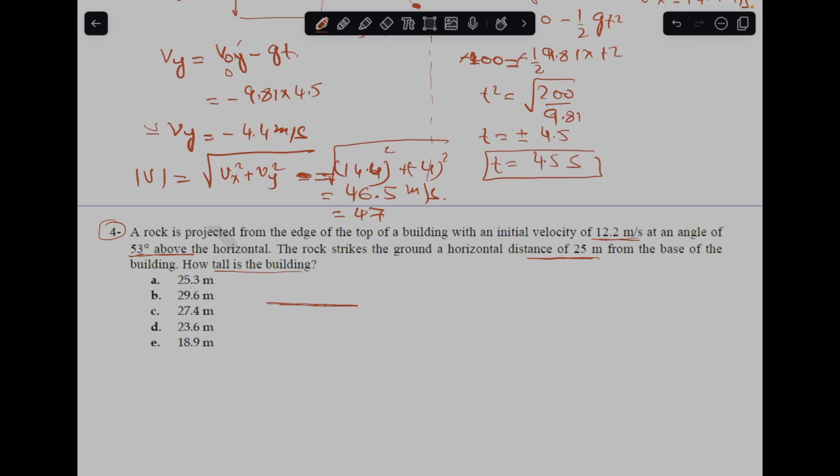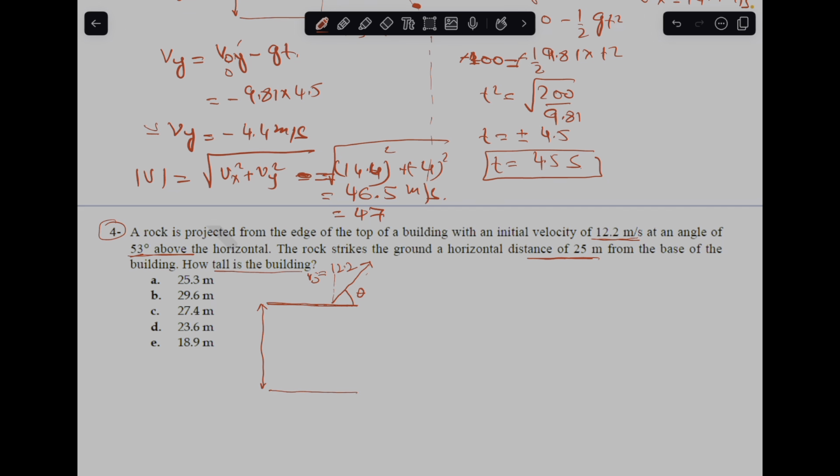So we have this is the ground, and this is the building height. A rock is projected with some initial velocity at the angle theta, with initial velocity 12.2, which is your v naught. First we need to decide our coordinate system.